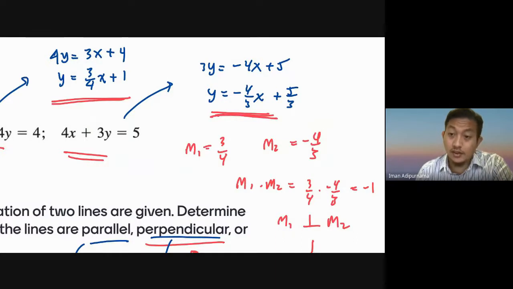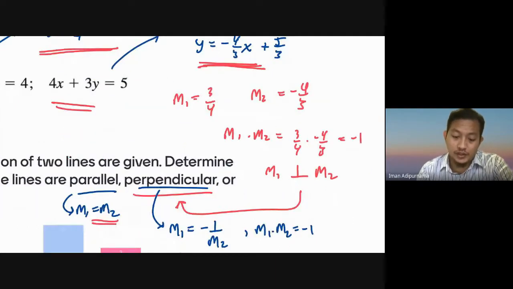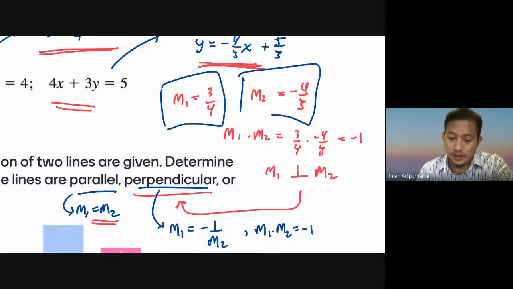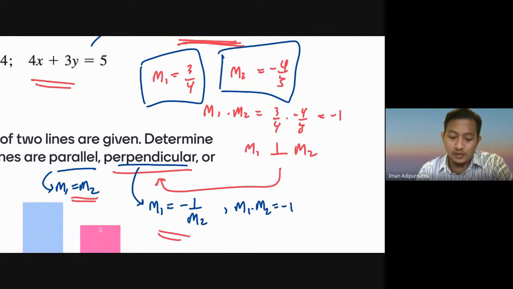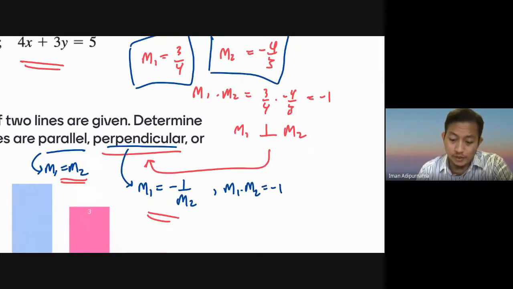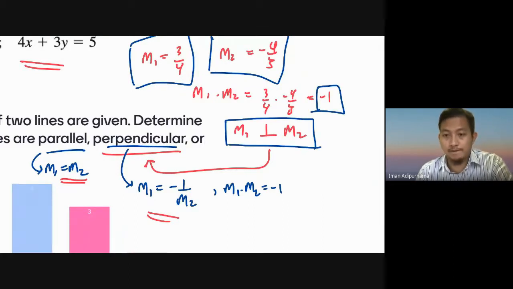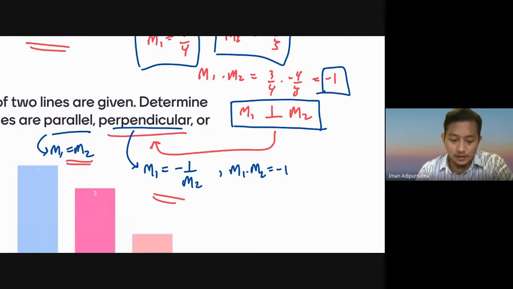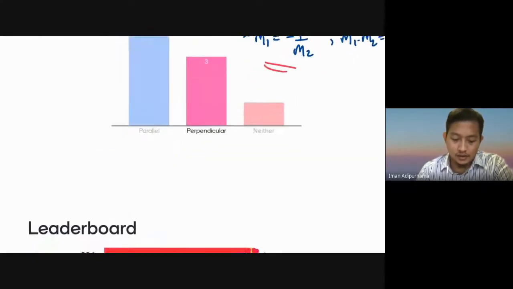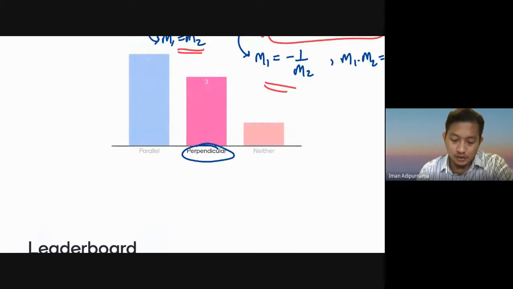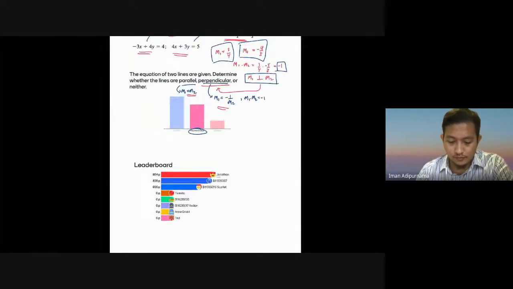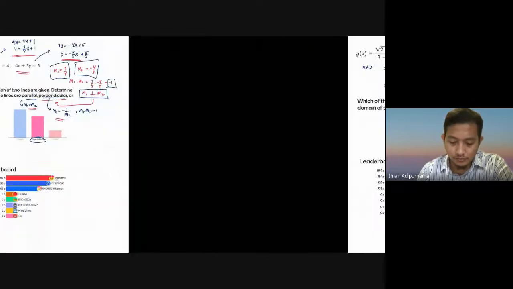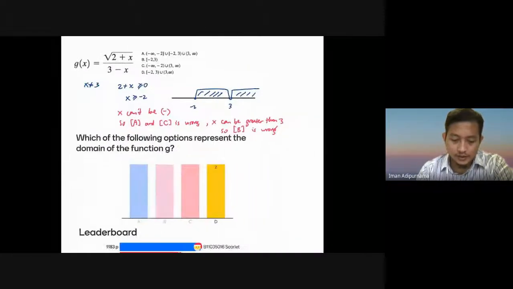We can also observe that the first gradient and the second gradient, if we multiply both, give -1, which means we can write that this is perpendicular. And three of you got it correct.